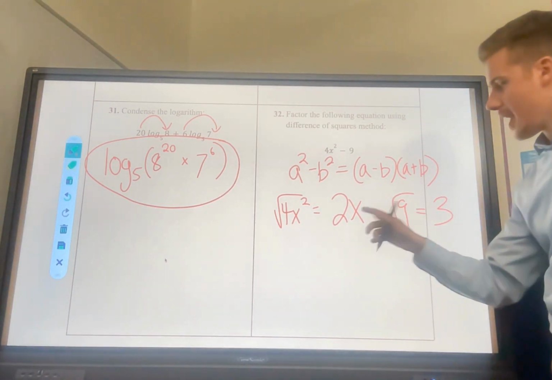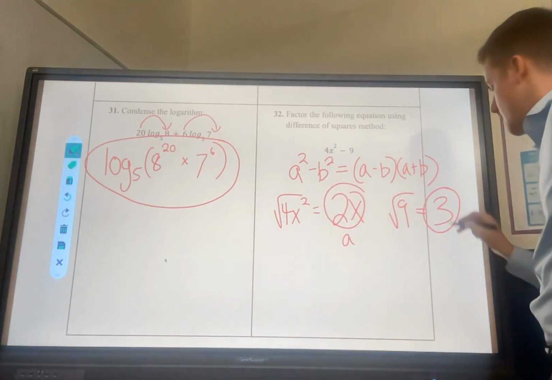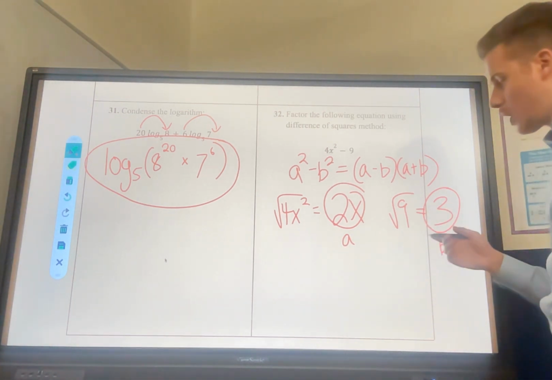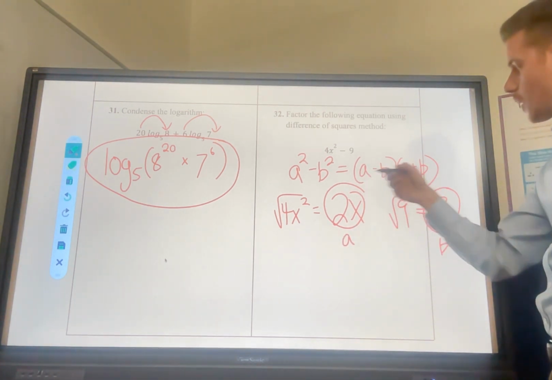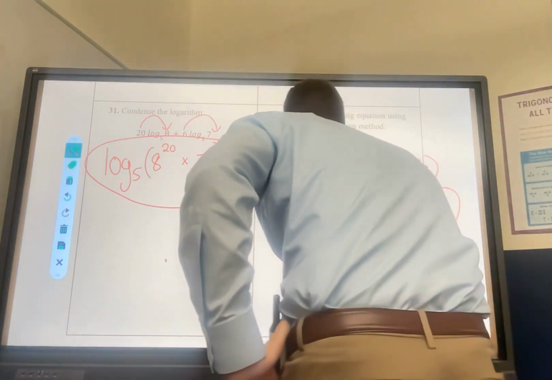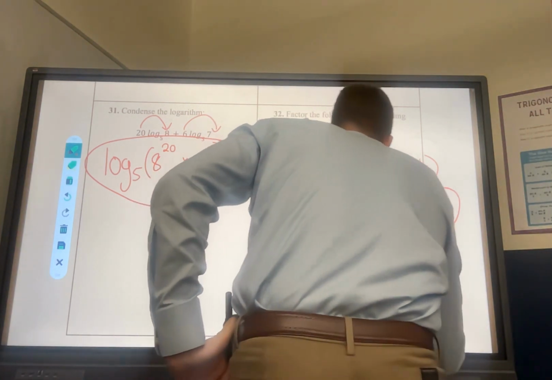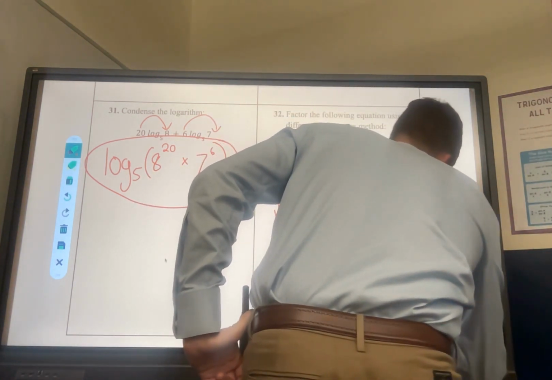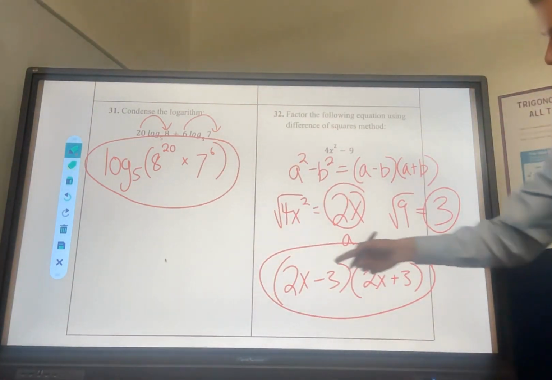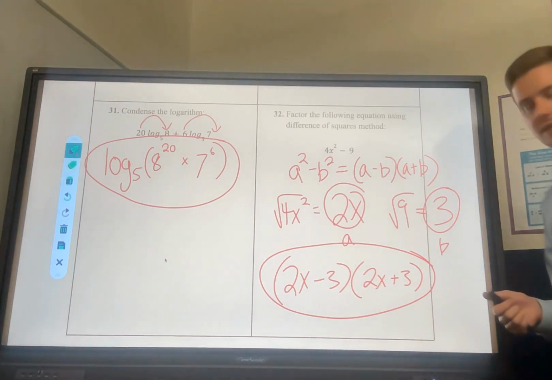And so this is my a, and this is my b term. So that's how we do the difference of squares. Now we can simply substitute our a and b values in here, and we are done. All right, we're left with 2x minus 3 times 2x plus 3. That's the difference of squares. Let's keep going.